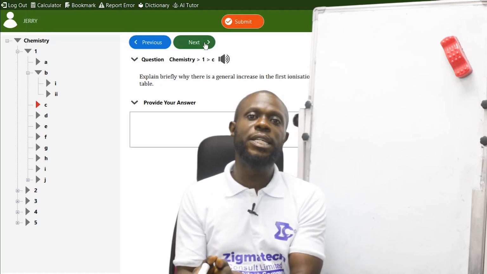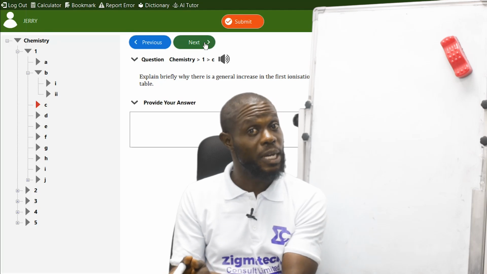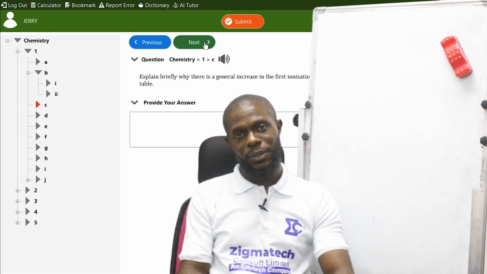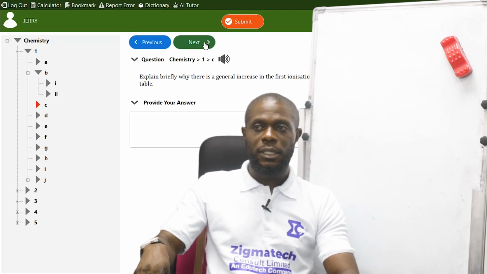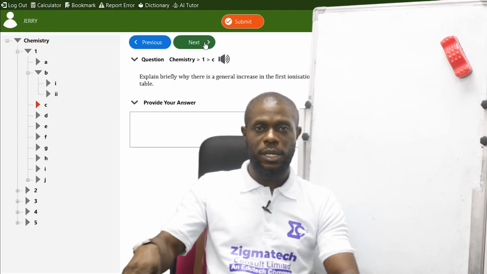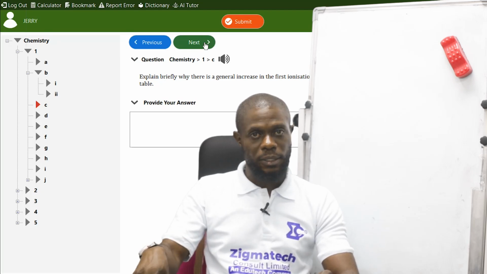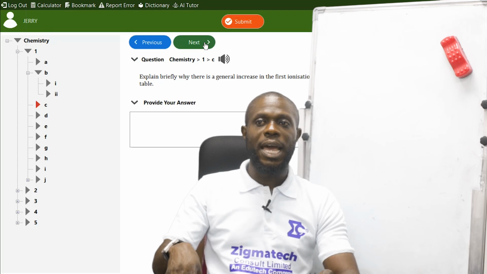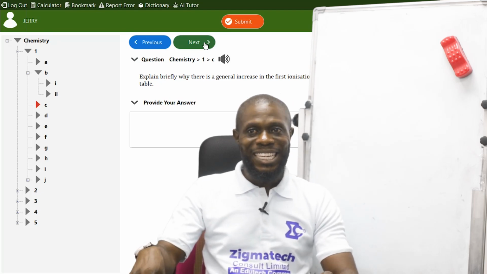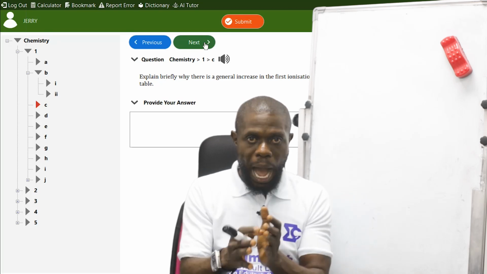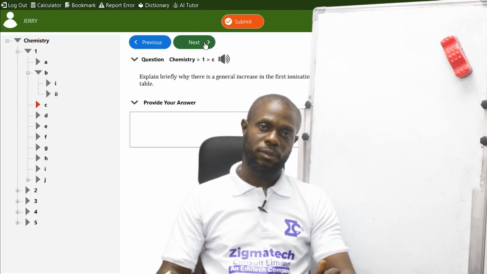So if the ionization energy is increasing, that means the number of electrons is increasing. And that means the number of protons will be increasing. So if the number of protons increases, then atomic number increases. So that means if the ionization energy is increasing, the atomic number is increasing in the nucleus.